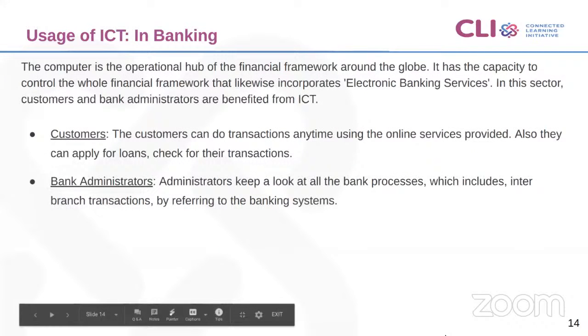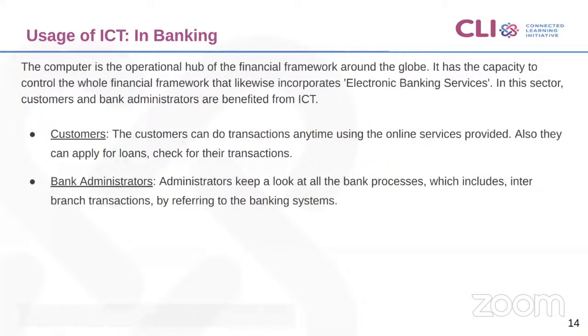We'll go towards banking. In banking, how is it used? The computer is the operational hub of the financial framework. So the computer is the main thing used in banking, and it's used by the customers and the administrators. The customers can do transactions anytime.